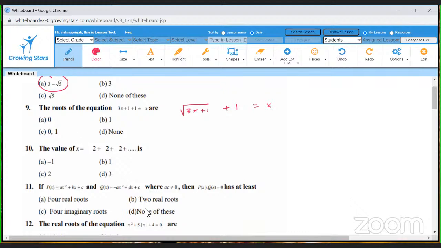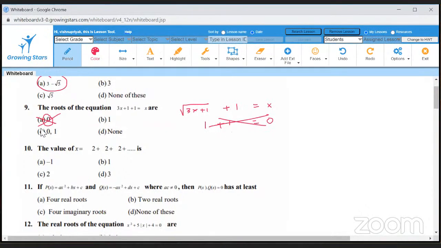You can put the answers and check. Instead of going in a long way, put the answers and check. For example, 0 you will put and see. If you put 0 for x, you will have 1 plus 1 equal to 0, which is wrong. So 0 is not the answer.